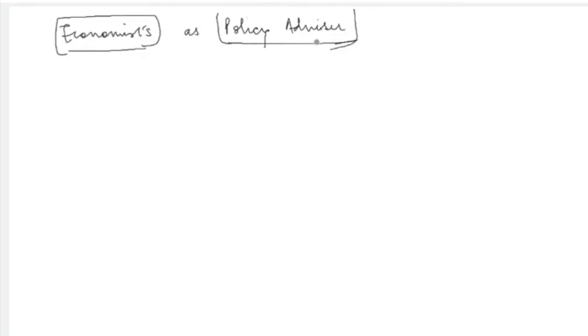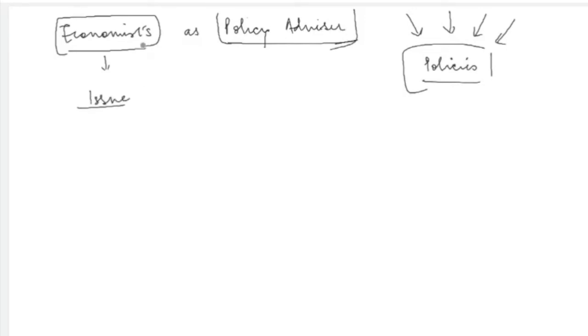When we talk about policies, the policies that we build in the economy, these are policies which come into place after taking into account a lot of factors. And when you talk about economists, people who are solely interested in economics, they only look at a certain issue from the perspective of economics.